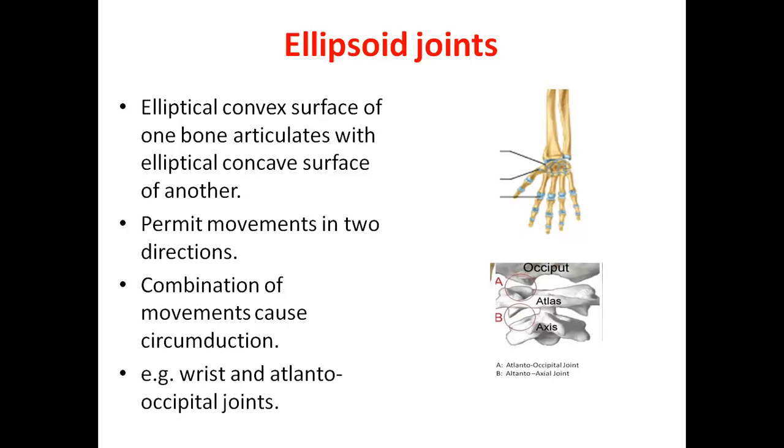So the surfaces of both articulating bones are elliptical in shape. Here at the wrist joint and other such joints, we have movements in two directions.